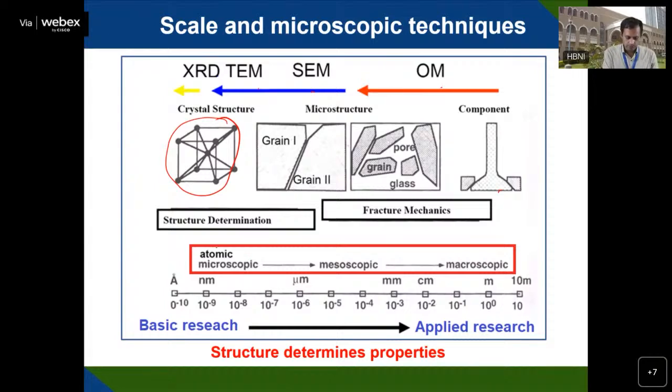Atomic scale structure is determined by XRD, but microscopy covers the mesoscopic range.